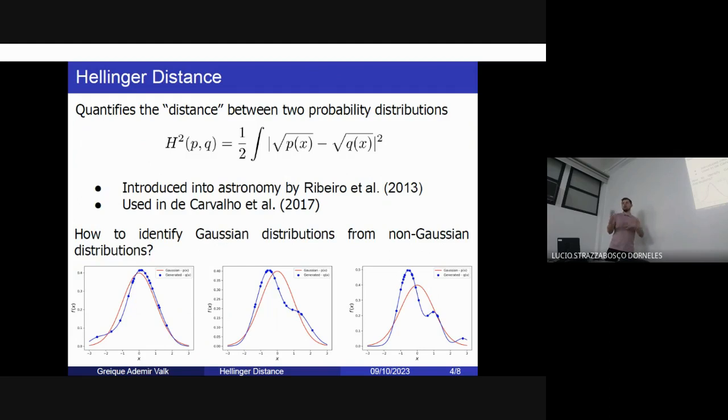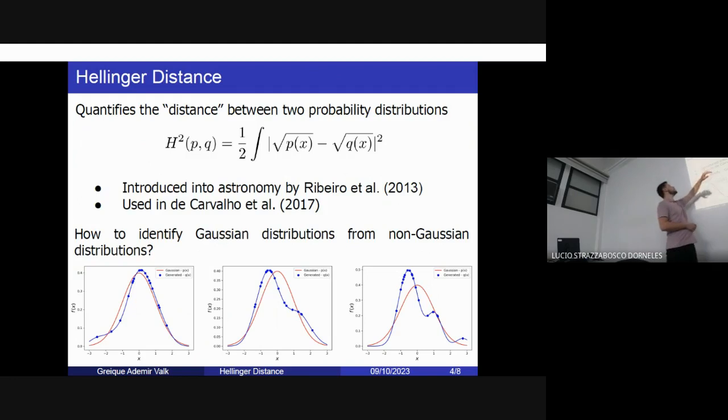If this distance is higher than a threshold value, we can say that this distribution, when compared to a Gaussian distribution, is not a Gaussian, and if the value of this estimator is lower than a threshold value, when we compare the empirical distribution with a Gaussian theoretical distribution, we say that these clusters present a Gaussian distribution.